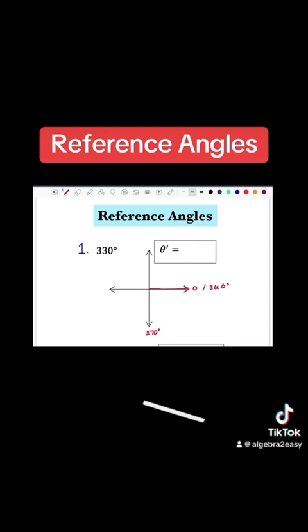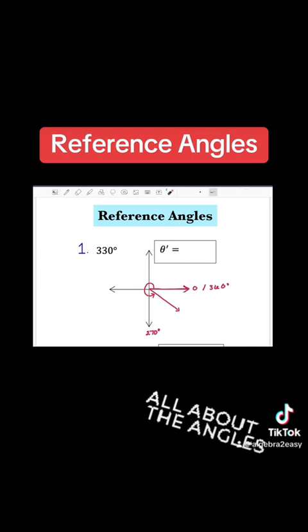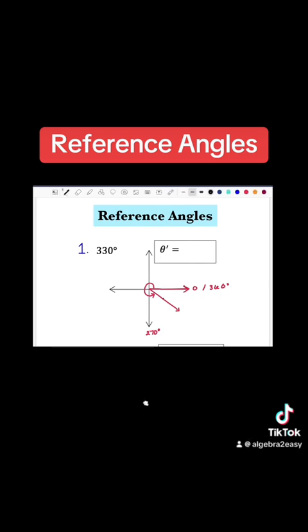So 330 is going to be in quadrant 4. Don't forget to draw your directional curve. The angle moves counterclockwise. Now the reference angle, remember, this is your initial side and this is your terminal side. The reference angle travels from the terminal side to the x-axis, and that represents theta prime.